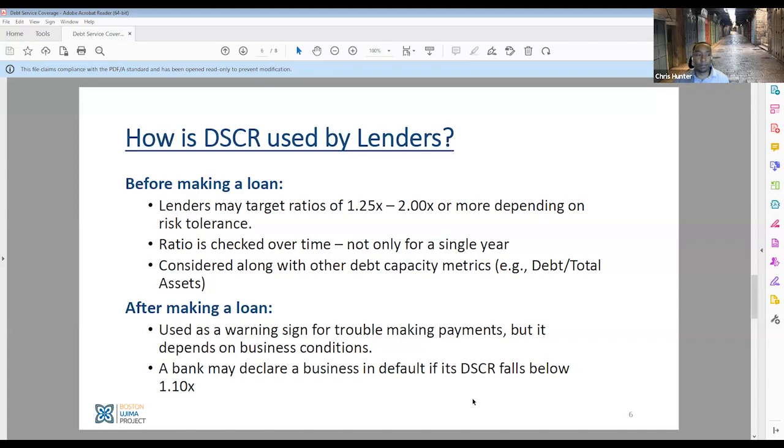I know for most banks, if the debt service coverage ratio for a commercial loan falls below 1.1, that loan is in default. Even though the business might not have missed any payments, they want to make sure there's low risk of potentially missing payments. And so this metric helps capture that.